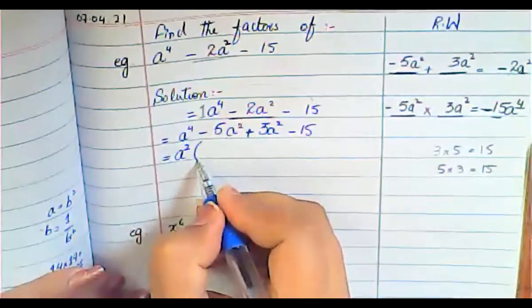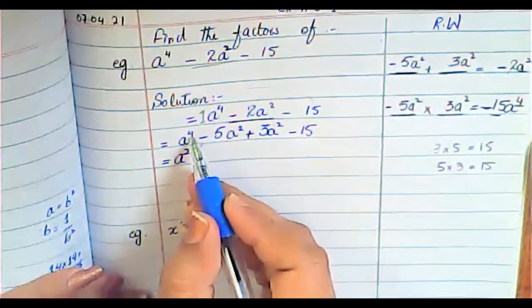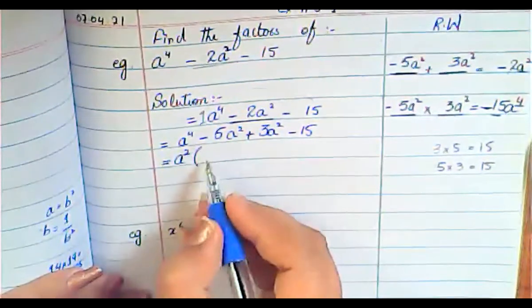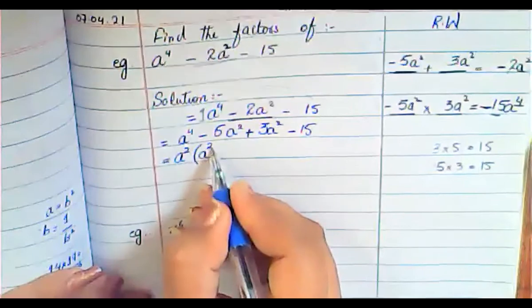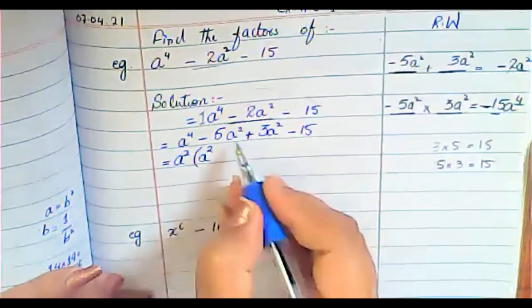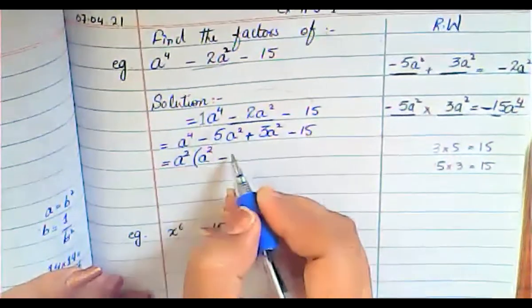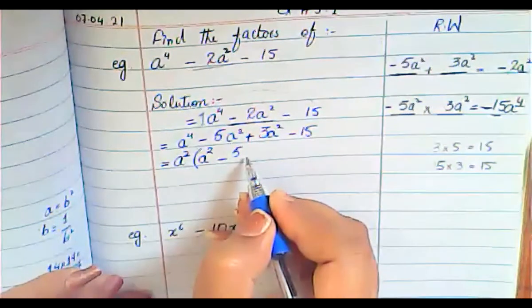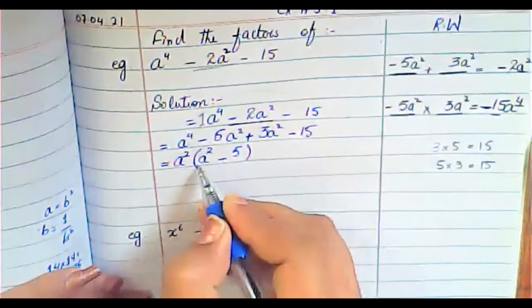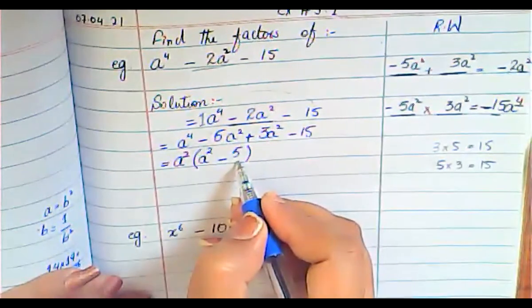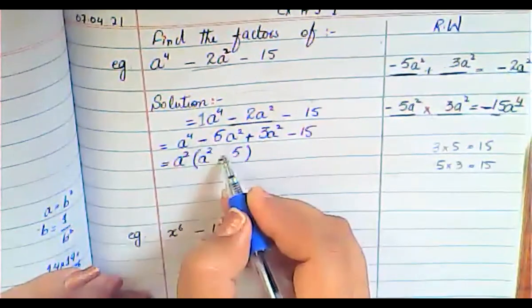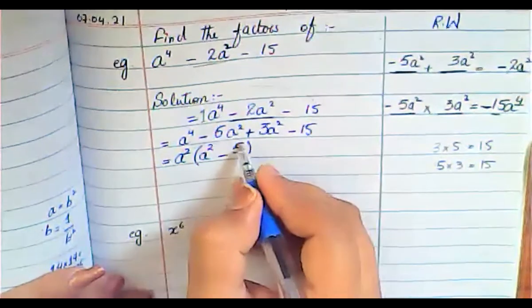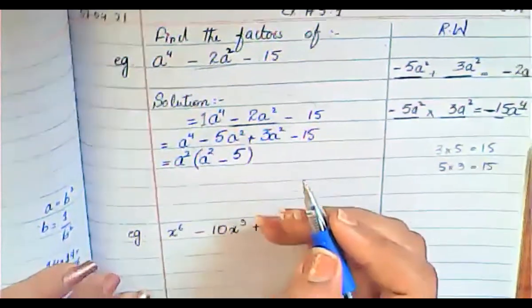And now what will be left inside the bracket? 2 a's are out and 2 a's will be left inside. Then minus 5 is not outside, the 5 will remain inside and a square is already outside. So simply you will write here a square minus 5. No, Bisma, a square minus 5, right? A square minus 5, right?